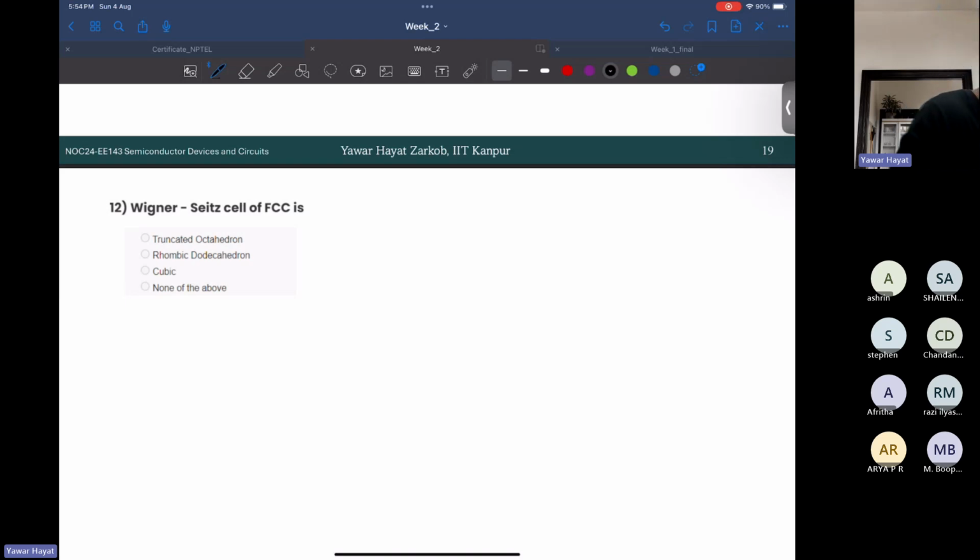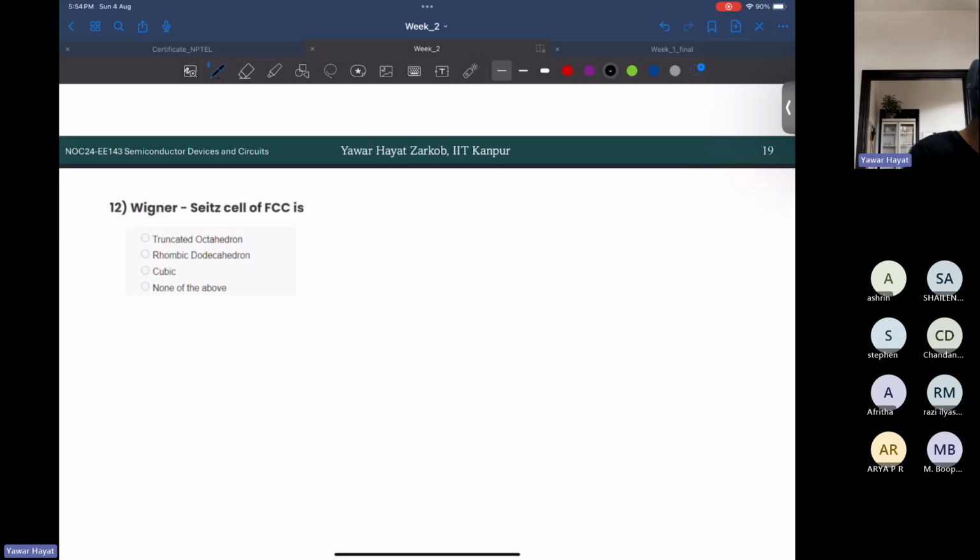Okay, so if I talk about the 2D construction, then one chooses any lattice point, right? And if one draws the connecting lines to its closest neighbors, you already have read about this. I'm just recapitulating this.